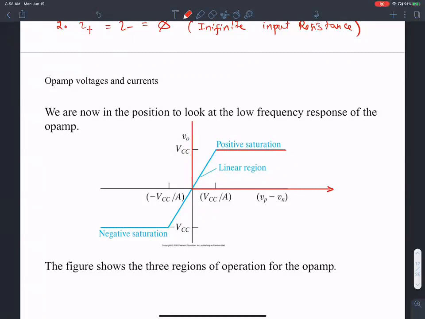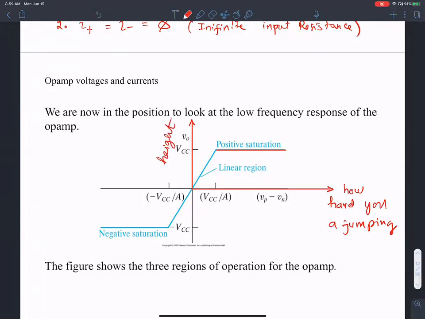And along the y-axis, the height you can go.